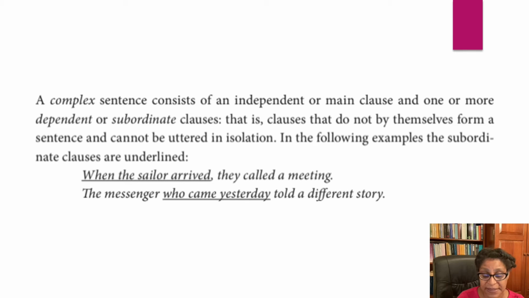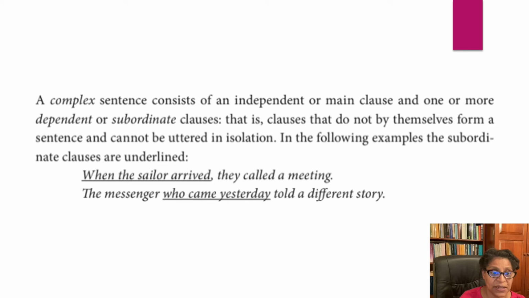But the complex sentence, which is where the circumstantial participles are going to kick in, is when you have some kind of dependent relationship between the main clause and the subordinate or dependent clause. These circumstances are dependent relationships, right?